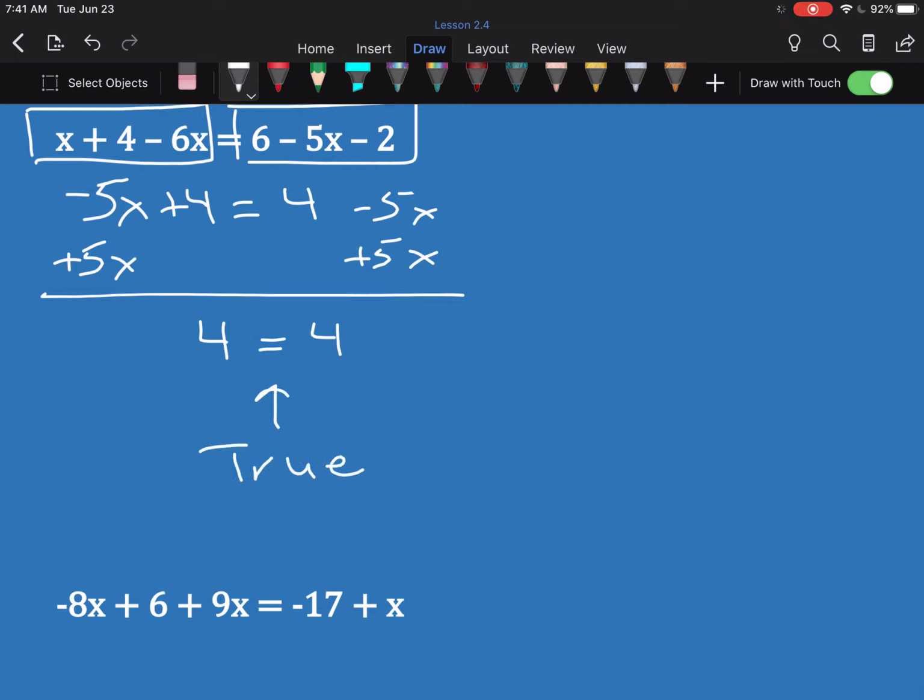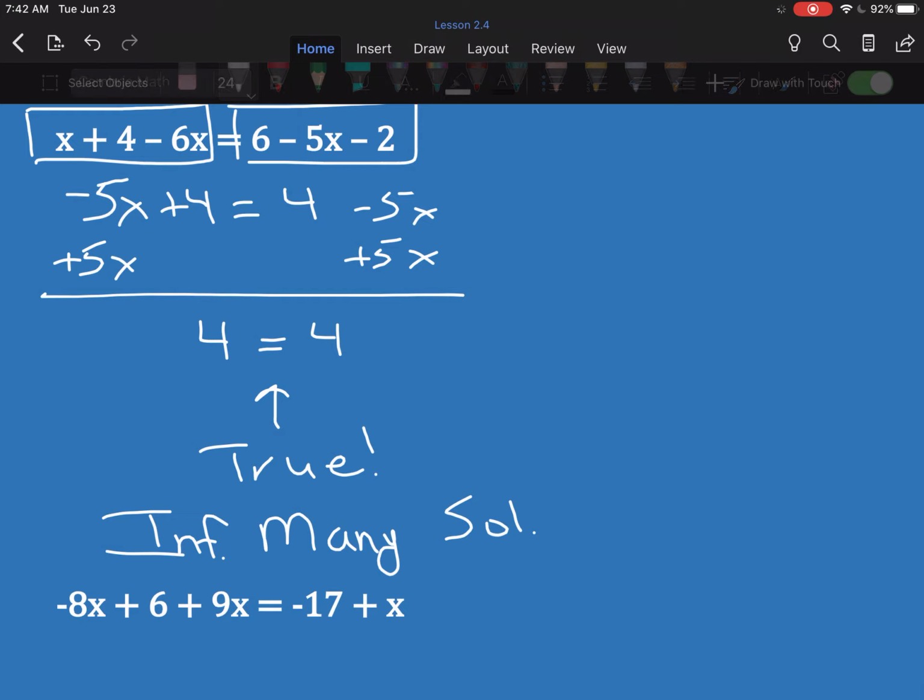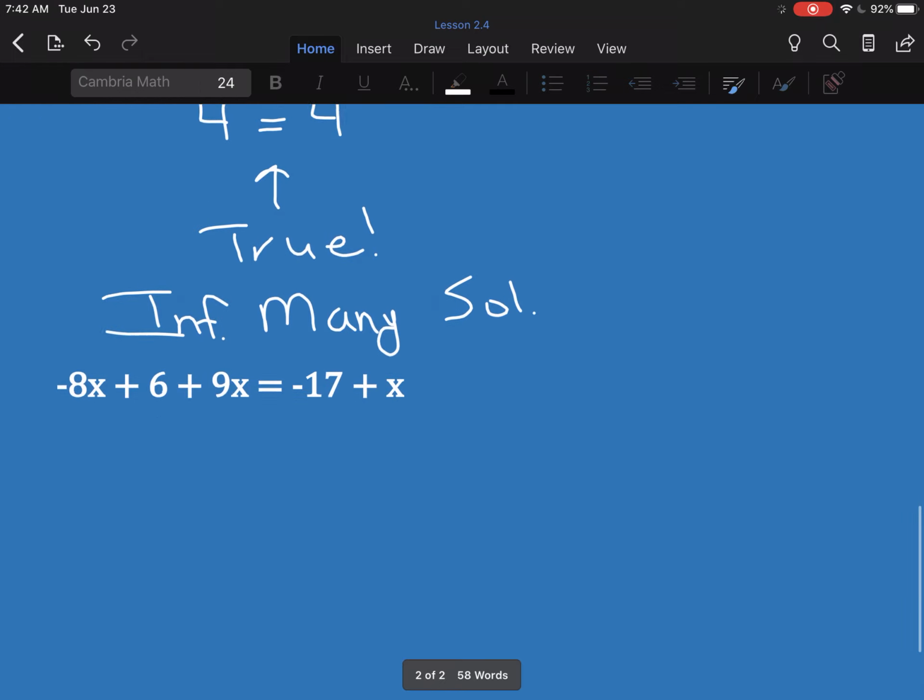That, of course, is true, which means there are infinitely many solutions. You could pick anything you wanted for x and put it in, and this equation would be true. So if you're solving something out and you get a true statement, you get infinitely many solutions.